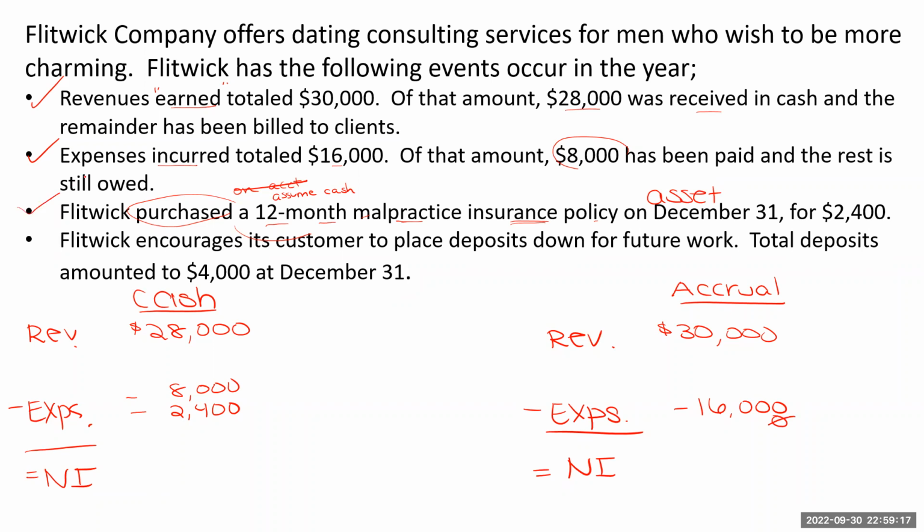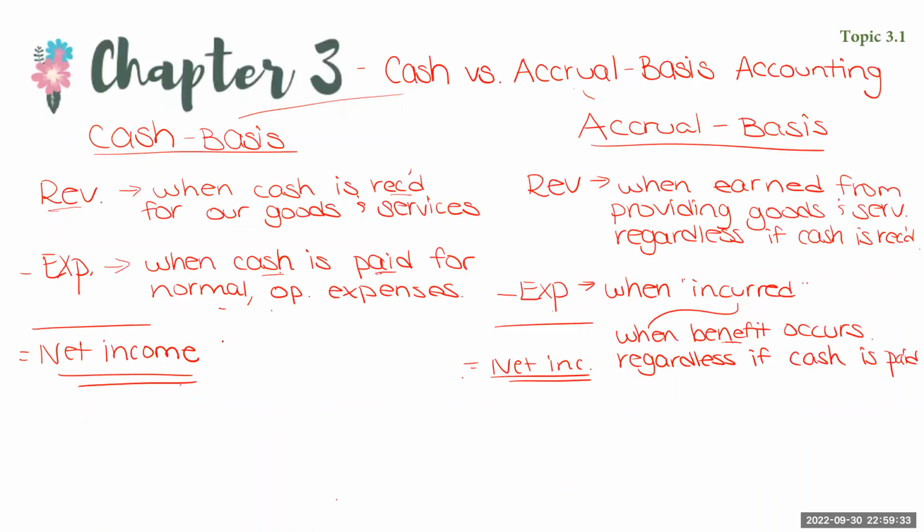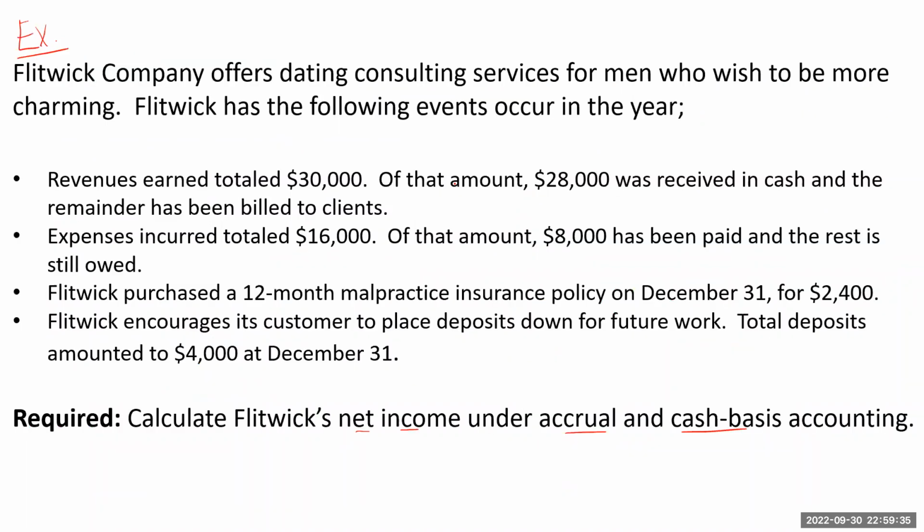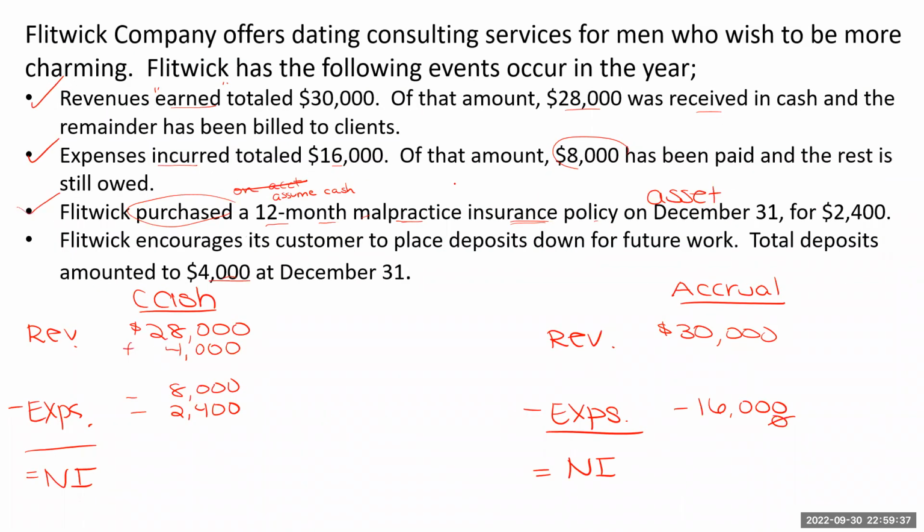Then our last one: Flitwick encourages his customers to place deposits for future work. Total deposits are $4,000. So we received $4,000 for our goods and services. It was just a prepayment, but cash basis just has to do with when we receive the cash. Under accrual basis, we can only call something revenue if it's been earned.